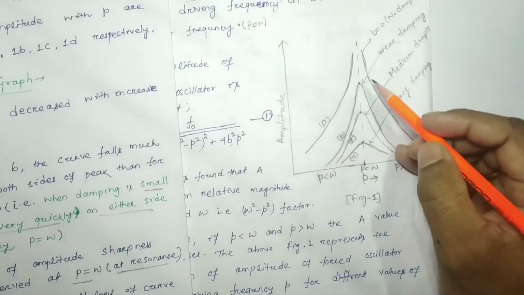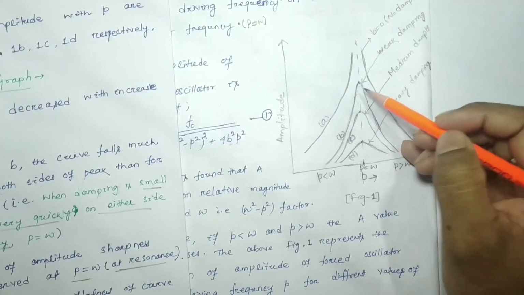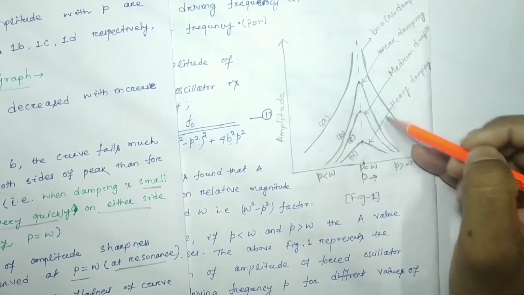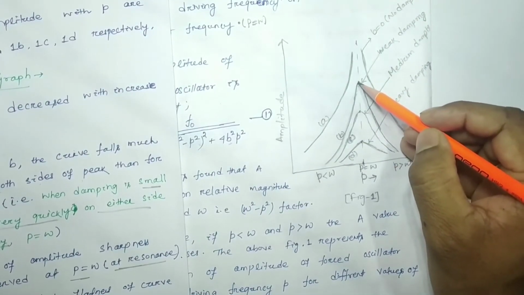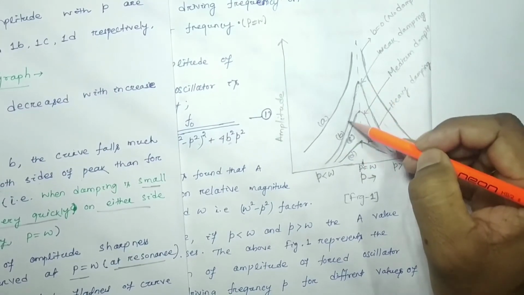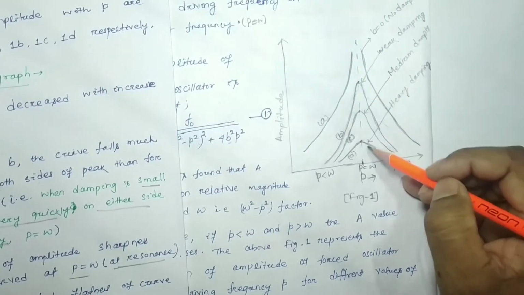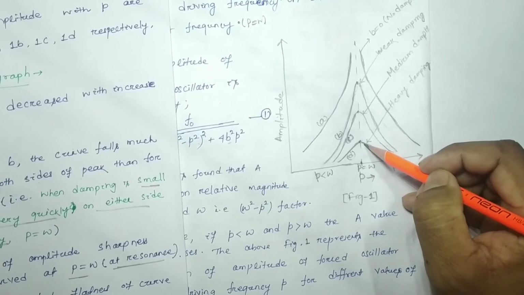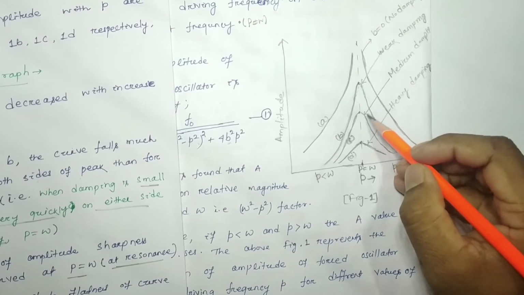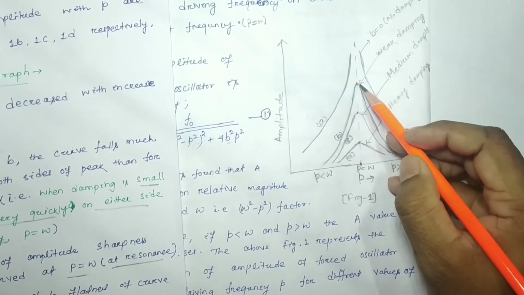So whenever there is a rapid fall of amplitude, in turn we find the sharpness of the curve. For this case, as the rate of fall of amplitude is large, the sharpness of the curve is larger as compared with heavy damping and also as compared with medium damping, because in case of medium damping there is a slow rate of fall of amplitude as compared with weak damping.